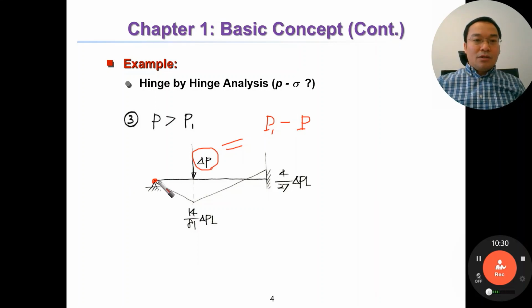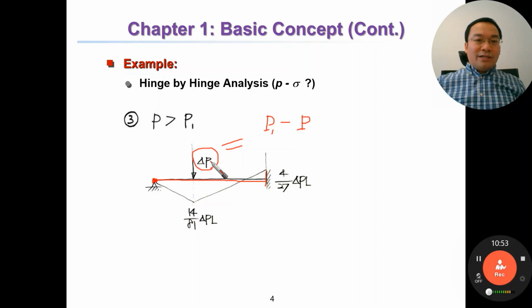And now the structure becomes one hinge and one fixed end beam. The original one is a beam fixed at both ends, but now because of the first hinge, we have one hinge and one fixed end beam.